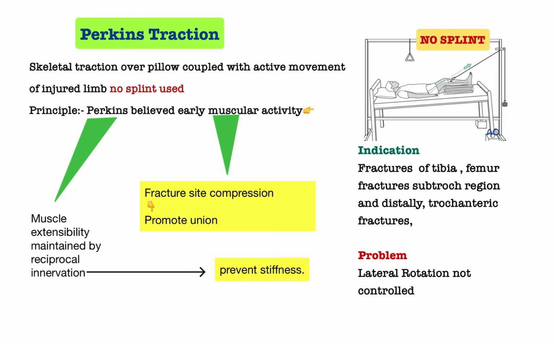It is indicated in trochanteric fractures, subtrochanteric fractures, and fractures of the tibia. In case of fracture of the tibia, the Perkins traction is applied through the calcaneum or distal tibia.